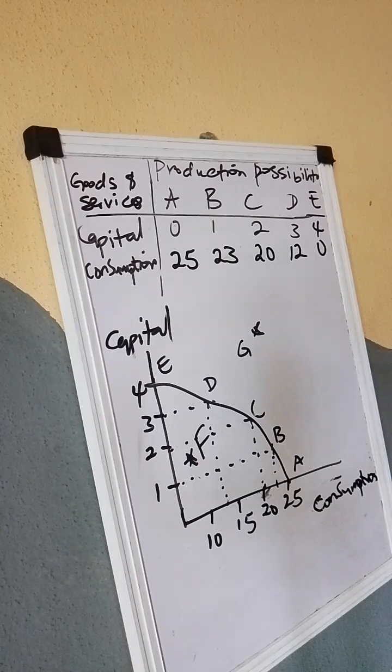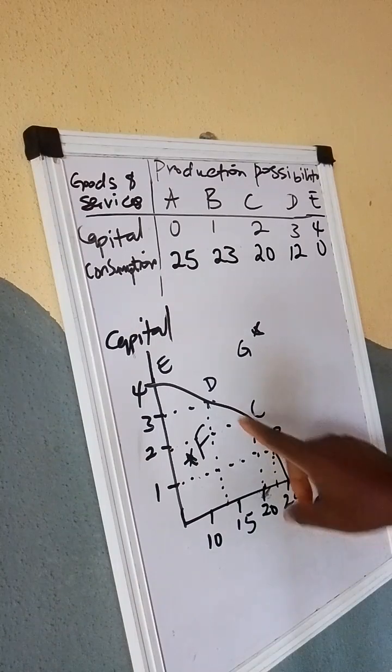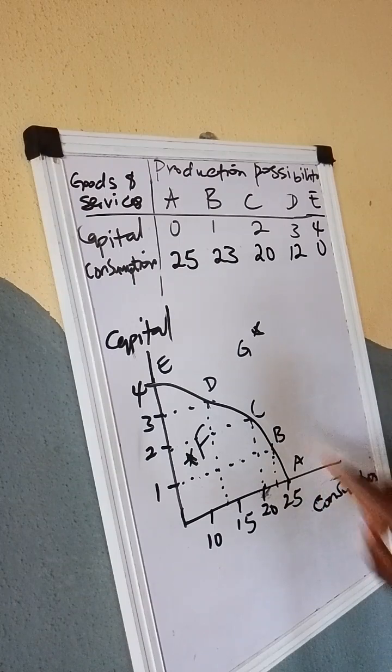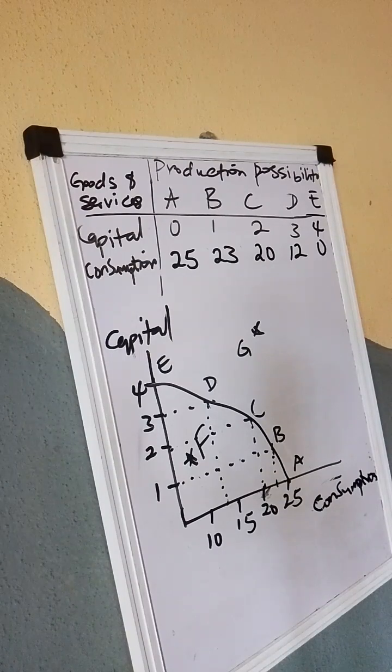But in a case where a country cannot reach its potential output, which is this PPC curve, it simply means the country is not using the resources efficiently. In other words, a country that is unable to reach its potential output is underutilizing its resources. There are three ways you can describe it.